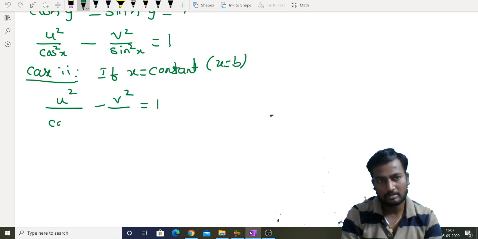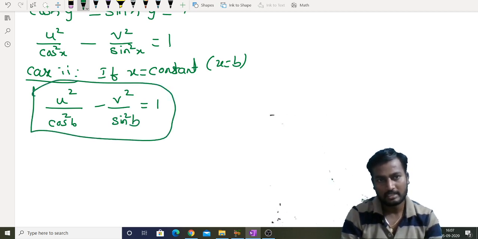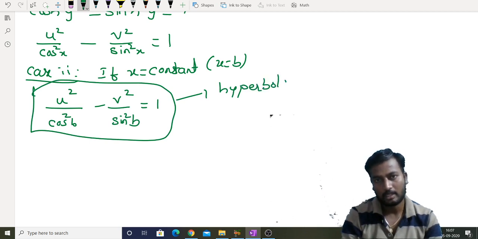What is this equation? This equation is a hyperbola.